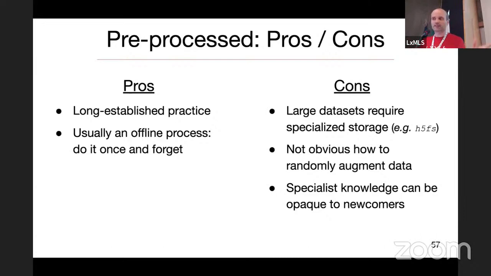You have to split it into many different containers and figure out how to index them just in time. It's not obvious how to do good random augmentations in this format because you've already processed the data, and then you'd just be randomly augmenting the visual features that come out of that instead of doing augmentations in the original RGB image space. And this type of specialist knowledge can be quite opaque to newcomers. That's why I've given you some examples of how this will be written in a paper, so that you're equipped to become experts in this yourself.